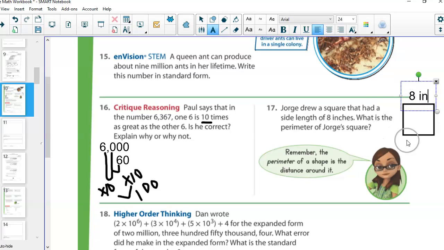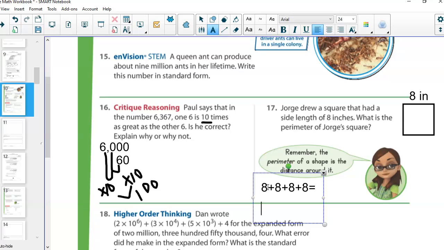And that's going to give us the perimeter. In this case, because all the sides are the same, I can do 8 plus 8 plus 8 plus 8, and that could give me my answer.